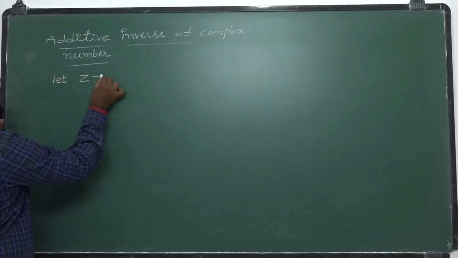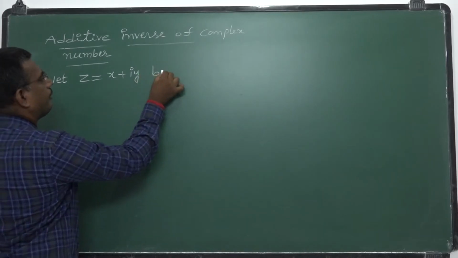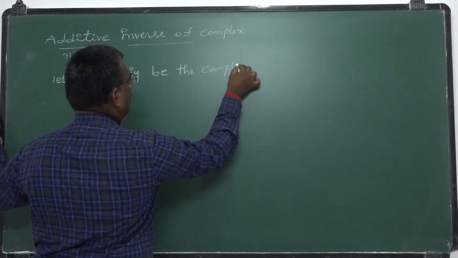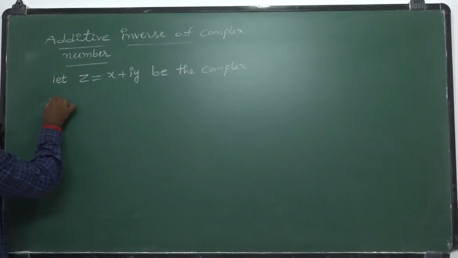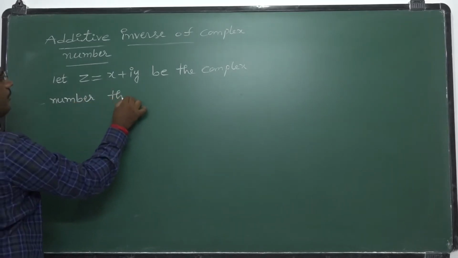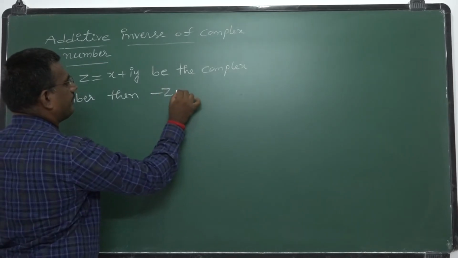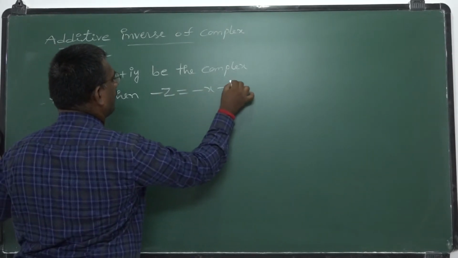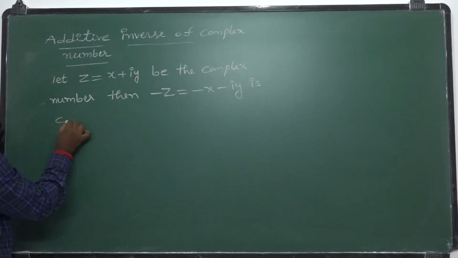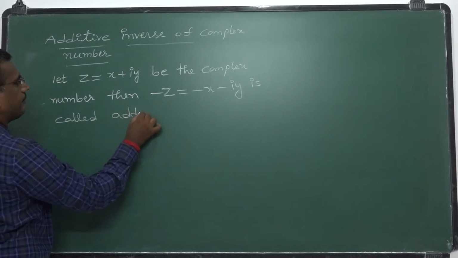Let z equal to x plus iy be the complex number. Then minus z, that is minus x minus iy, is called additive inverse of z.